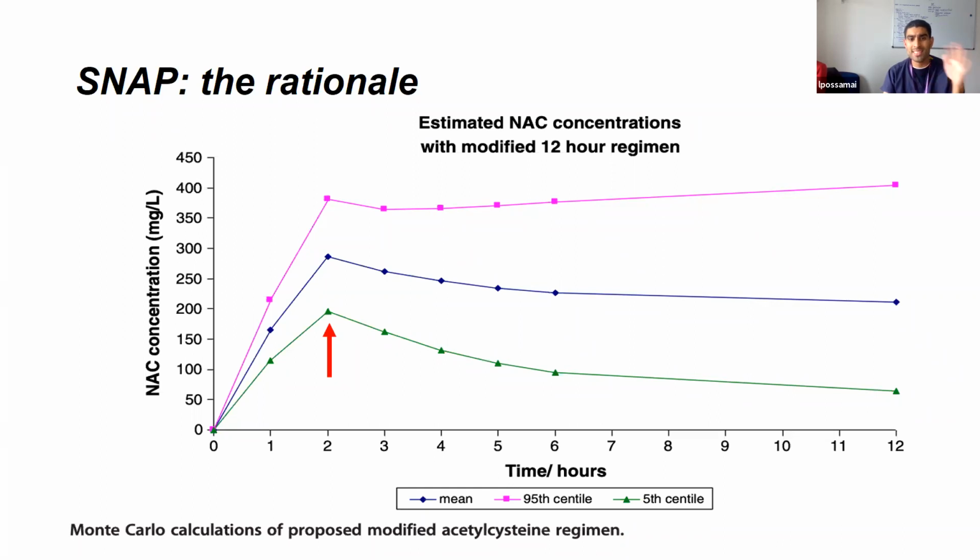So essentially the theory is that SNAP would give 300 milligram per kilogram of NAC, just like the 21-hour infusion, but it would generate a lower peak and a lower 20-hour plasma concentration, a smoother serum profile of NAC concentration, and therein produce less anaphylactoid reaction, or at least that's the theory.